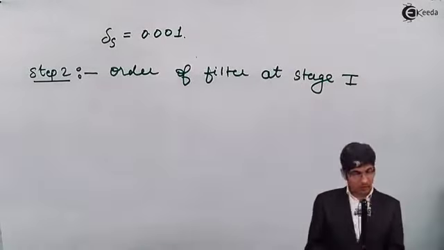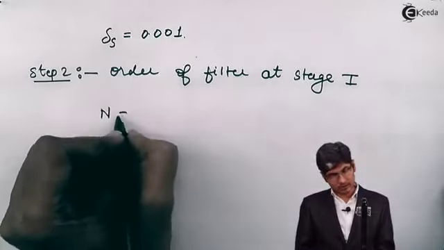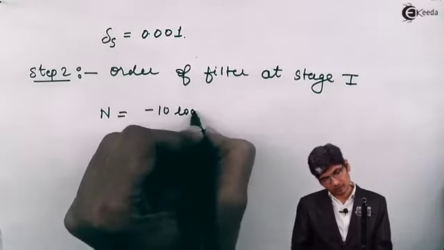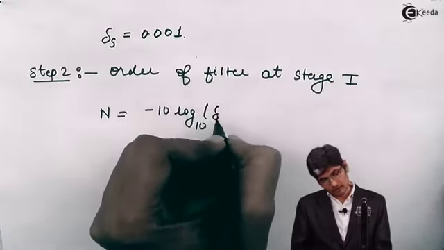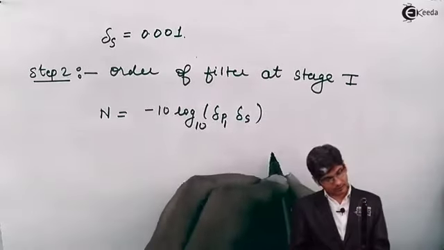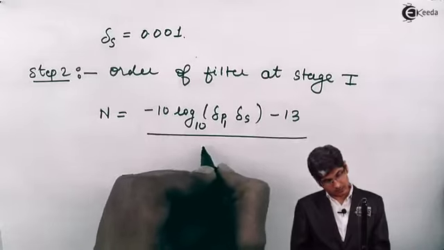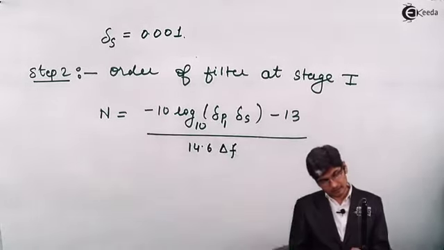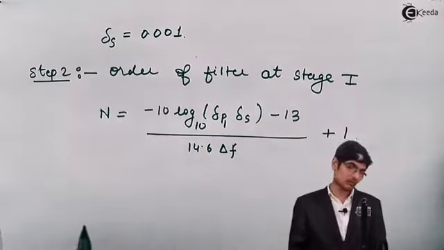So the order formula that you will be using is n equals minus 10 log to the base 10 of delta p1 delta s, minus 13, divided by 14.6 delta f, plus 1.